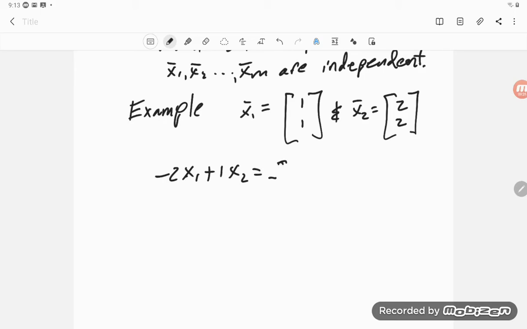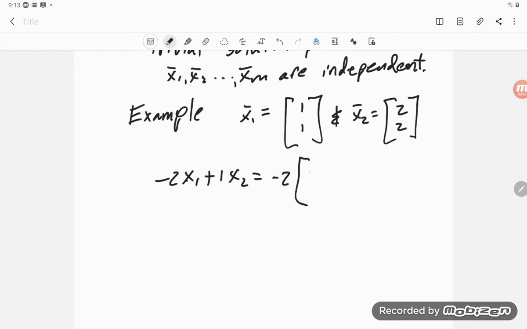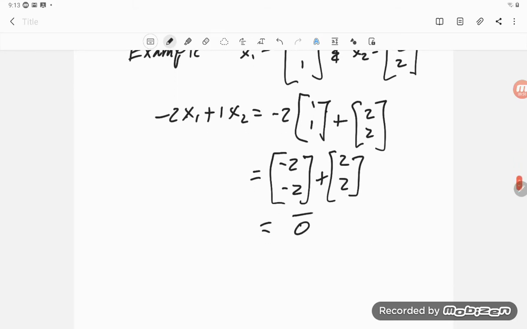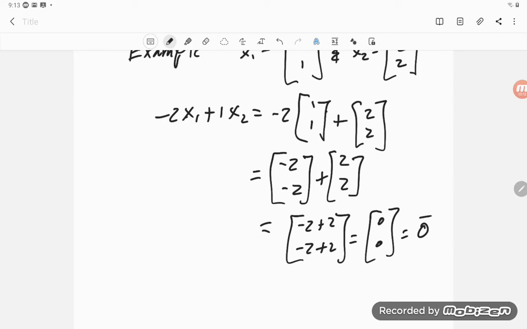That would be -2 times (1, 1) plus (2, 2), and that's (-2, -2) plus (2, 2), which gives me (0, 0), which is the 0 vector.